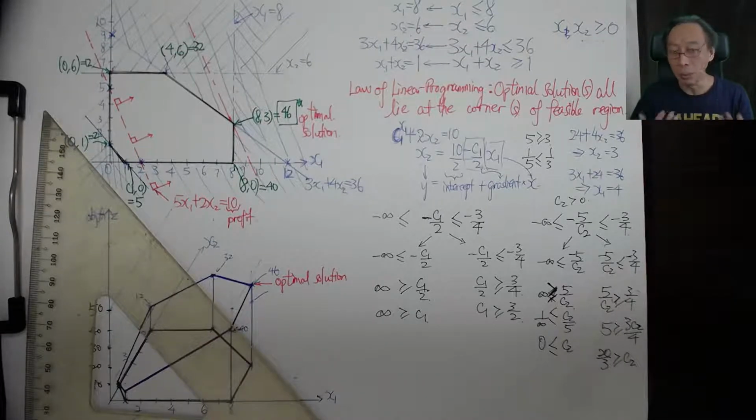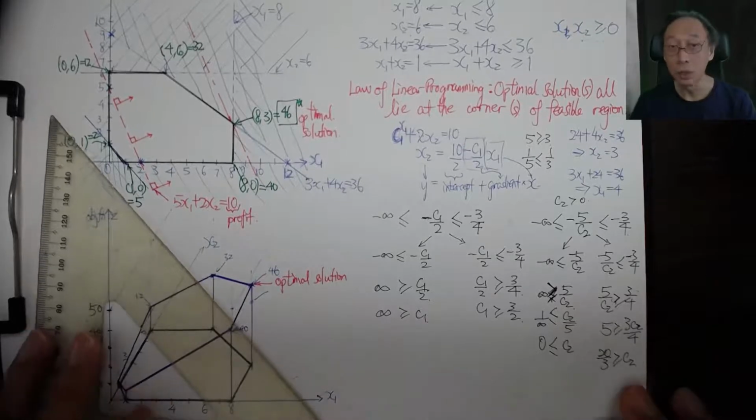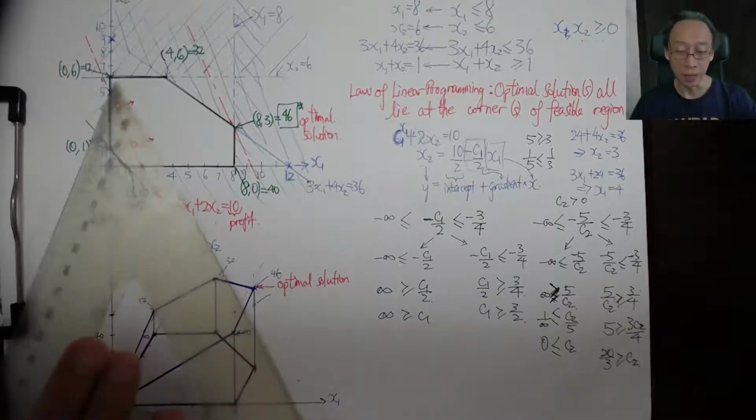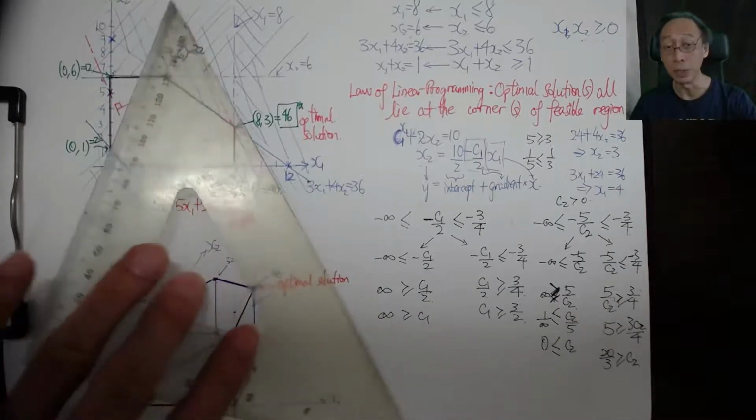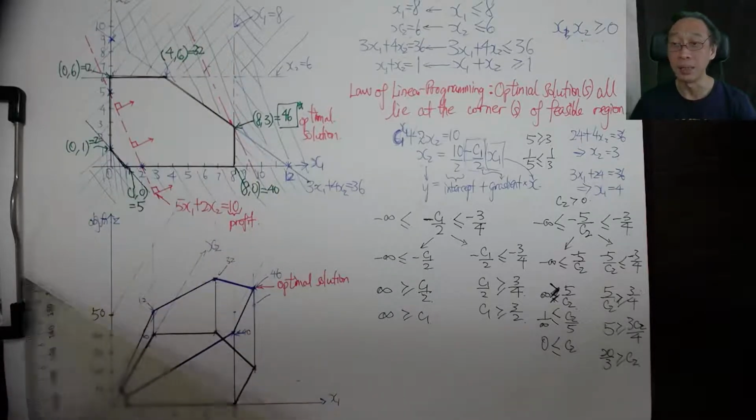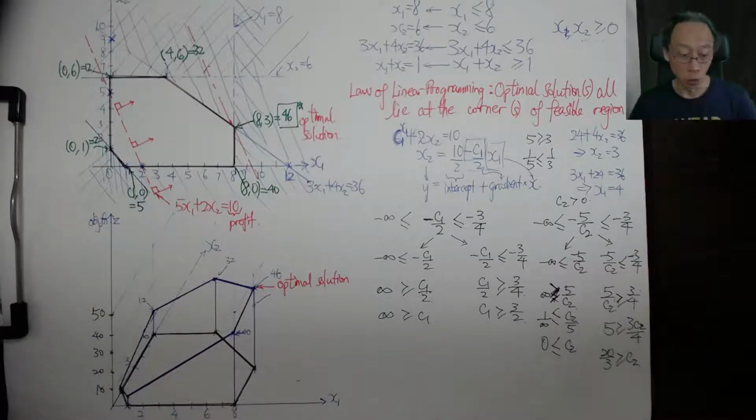So we'll make use of software packages like Excel Solver or Python or R to solve these problems. But nevertheless, I hope you have gotten a great insight into how Solver thinks about finding out the allowable increase and decrease. There's nothing mysterious about what Solver knows that you cannot know. It's all very visual.